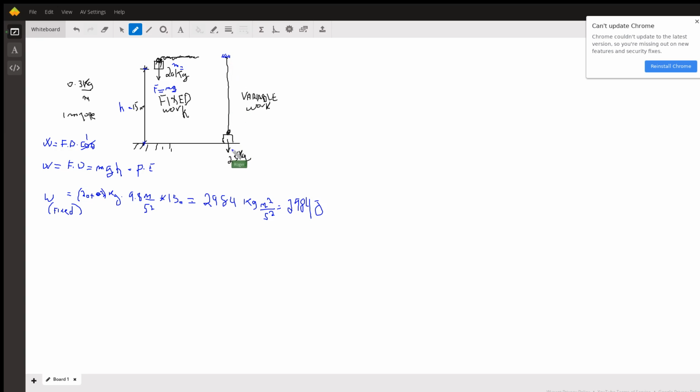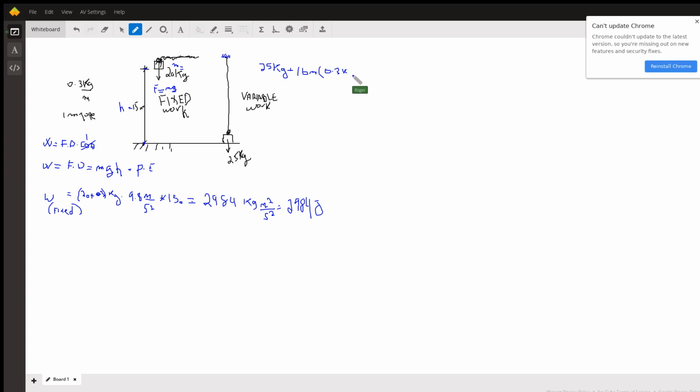So basically what we're saying is the total weight, including the rope here, is going to be 25 kilogram plus the length of the rope is 15 meter plus the 1 meter that's tied to the bucket. So that's 16 meter times 0.3 kilogram per meter.